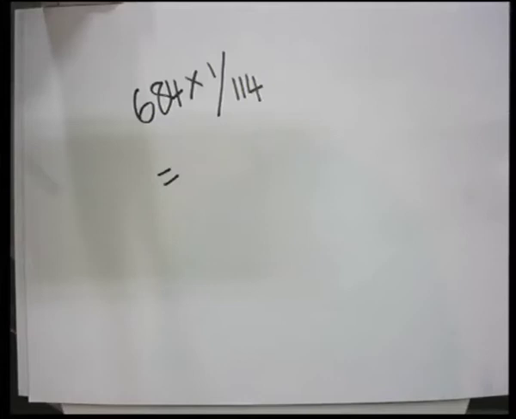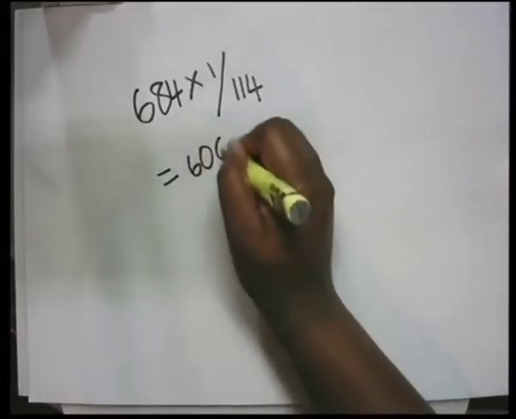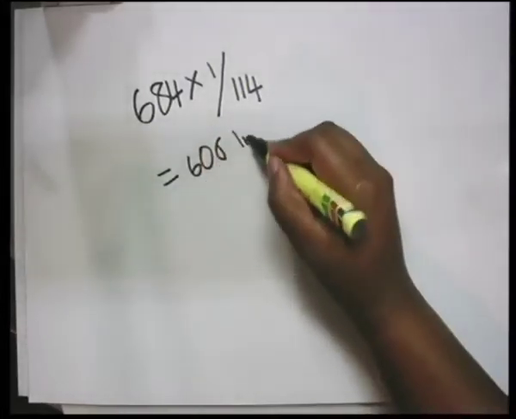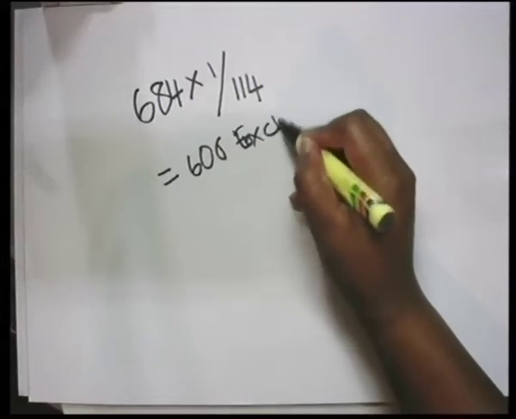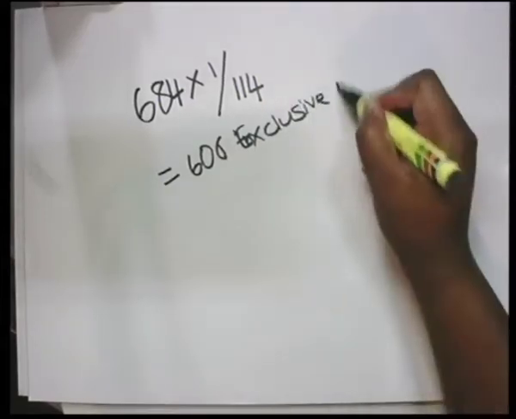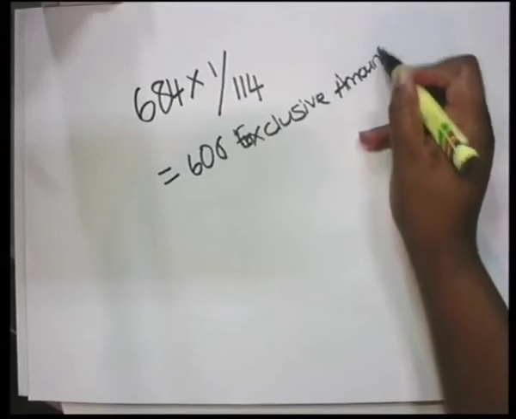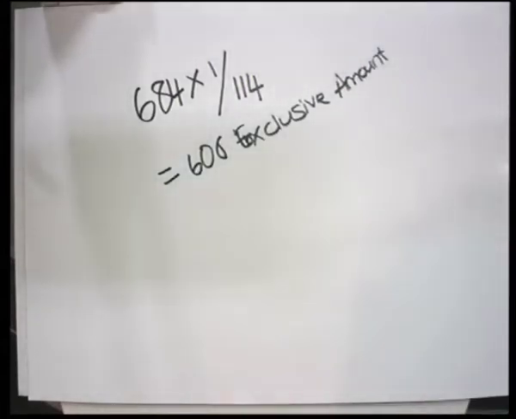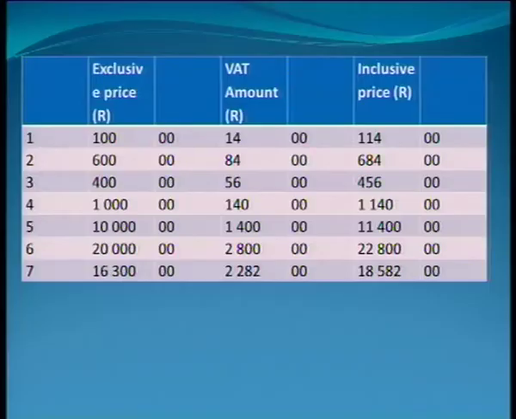You will get 600. Meaning your 600 is the exclusive amount. And if you see in my exclusive amount for number 2, it is 600. That's exclusive. And we know that 14% is our VAT.